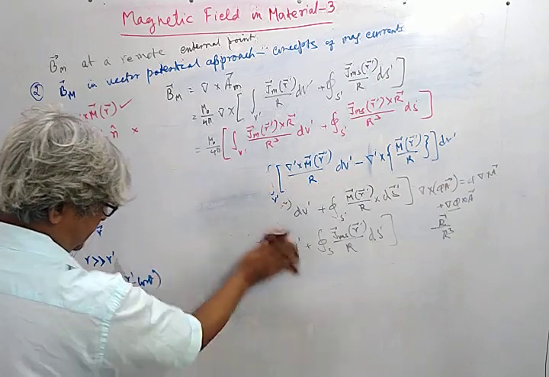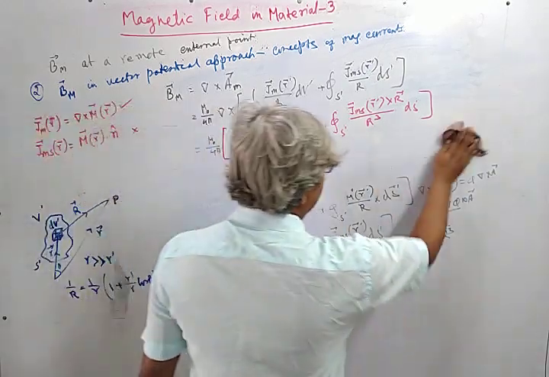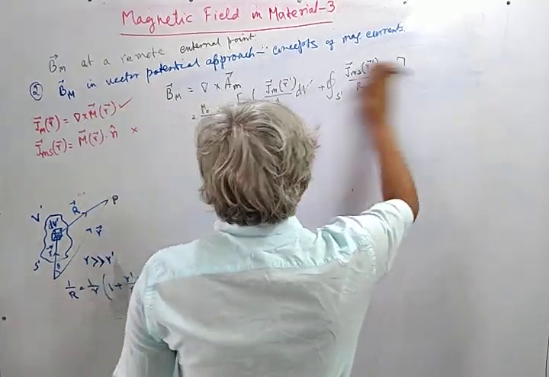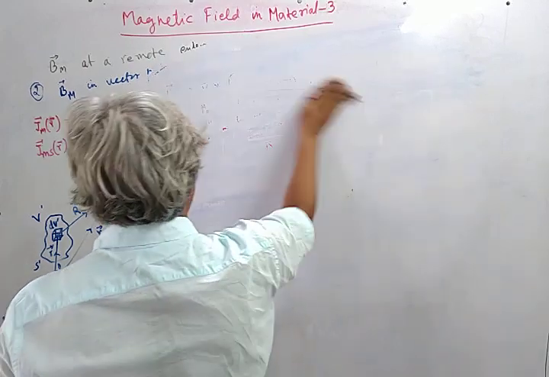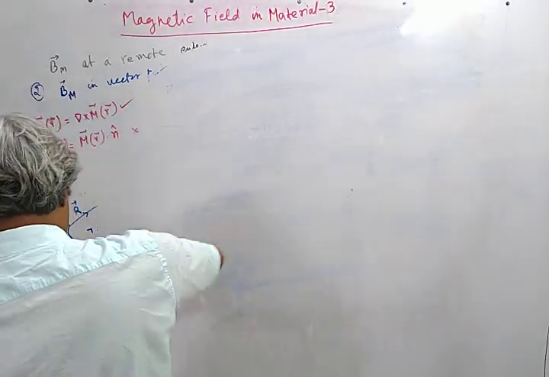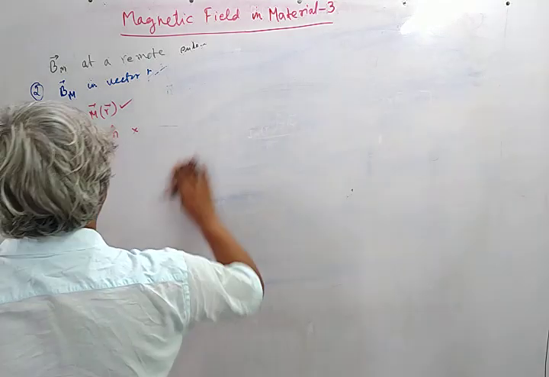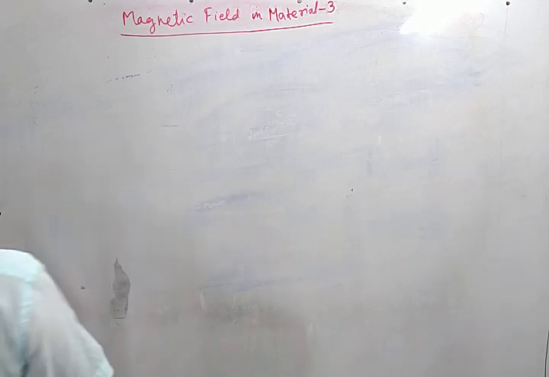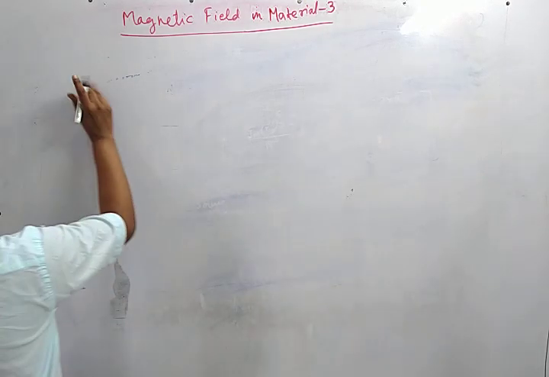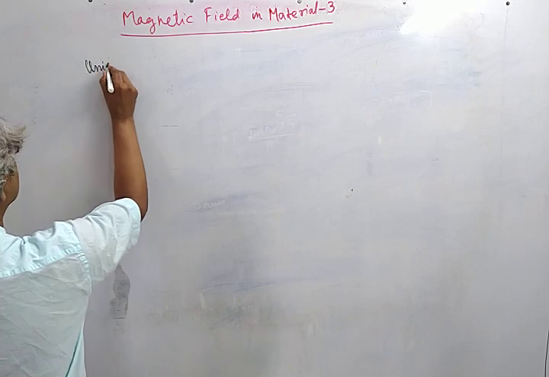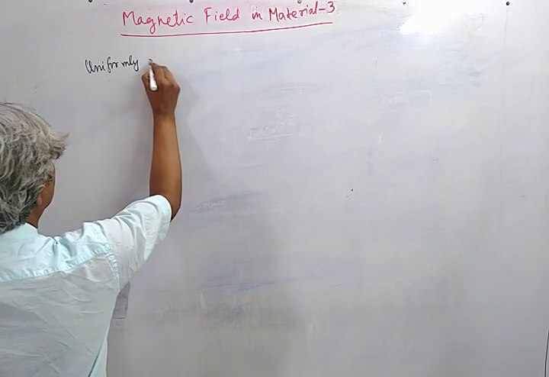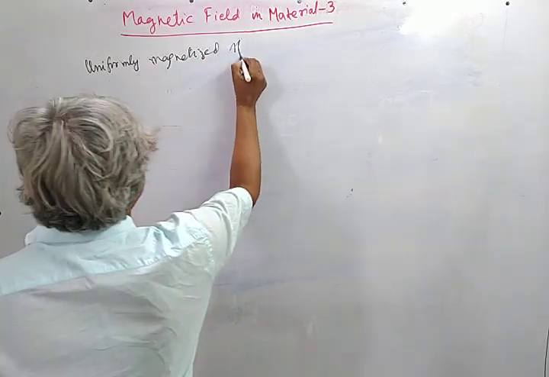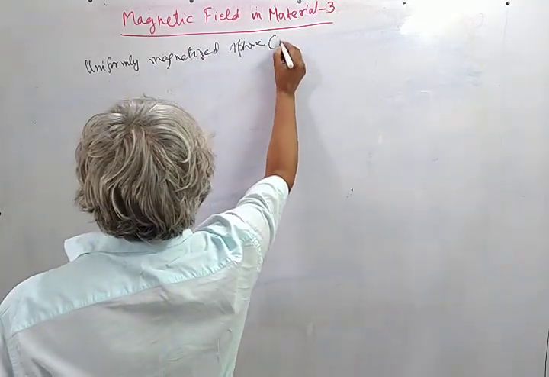To end this, we shall take a simple example and calculate the corresponding pole and current density. We consider a uniformly magnetized sphere of radius a.